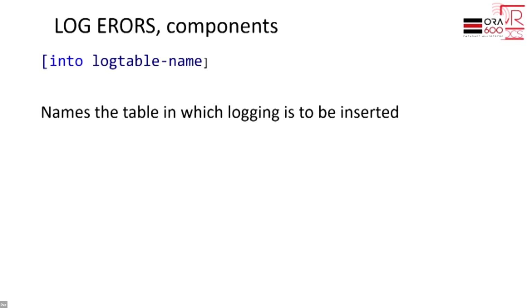Into log table name, here you can tell the statement to which log table you want the errors written. If you don't supply it, it uses the exact same name that is used by the function if you don't supply a log table name there. So the error $_ then the DML table name.